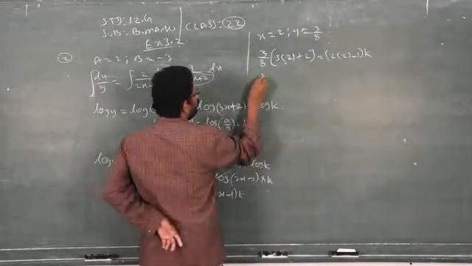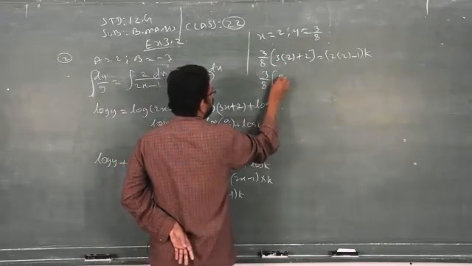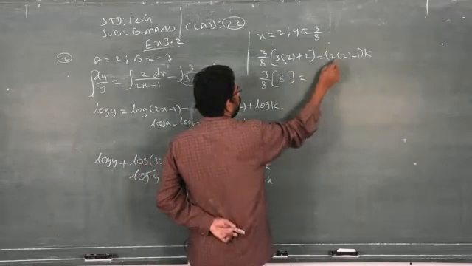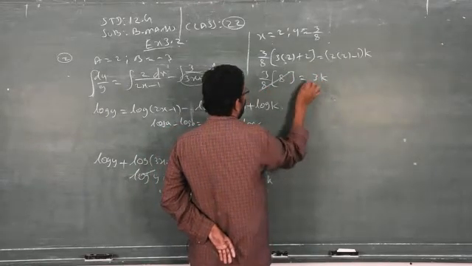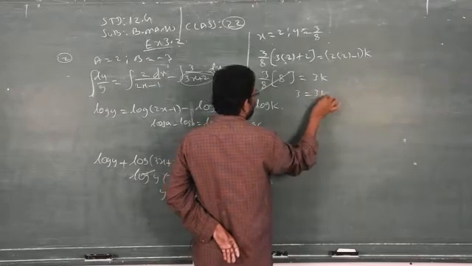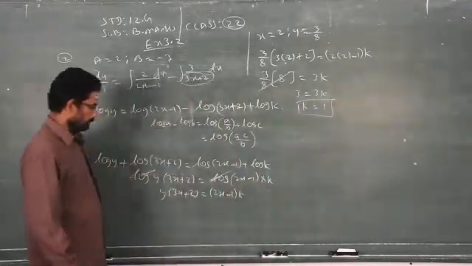Just simplify: 3 twos are 6, plus 2 is 8; 2 twos are 4, 4 minus 1 is 3, so 3k. These two get cancelled, and 3 is equal to 3k. k is equal to how much? 1. So now you know the value of k is 1.